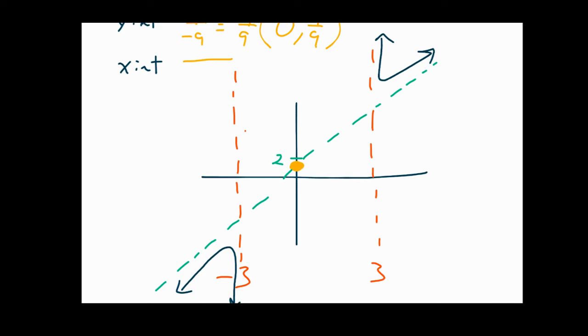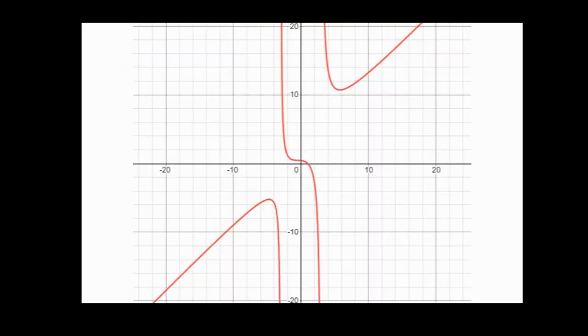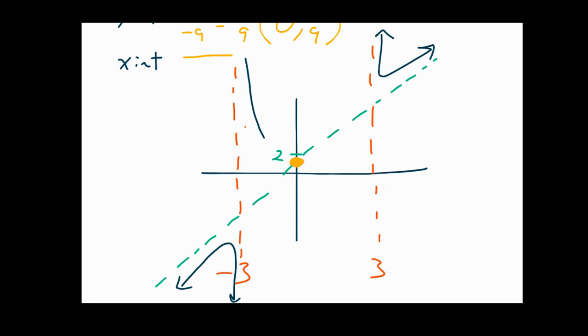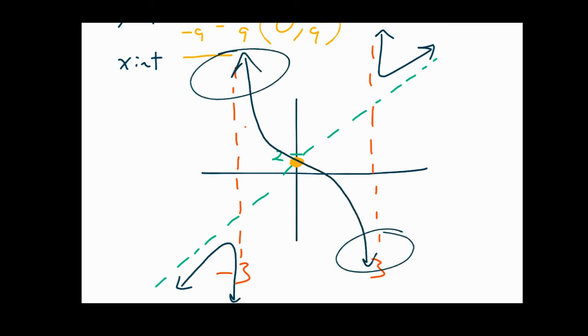Now, did you see that branch in the middle? Yes, there's a branch in the middle that kind of comes on down through here, and it does approach the asymptotes at the far ends, but it does cross the slant asymptote. Well, that's okay. You're allowed to cross a slant asymptote so long as it's not at infinity.